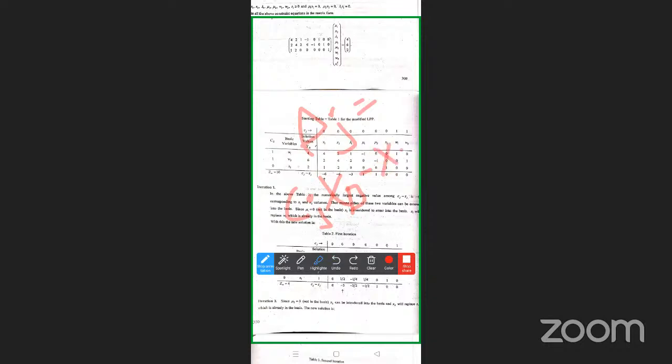So delta J is equal to Cj xp minus xj. This is the formula for delta J. So first one, minus 6, minus 6, minus 3. So that is Cb into xp.